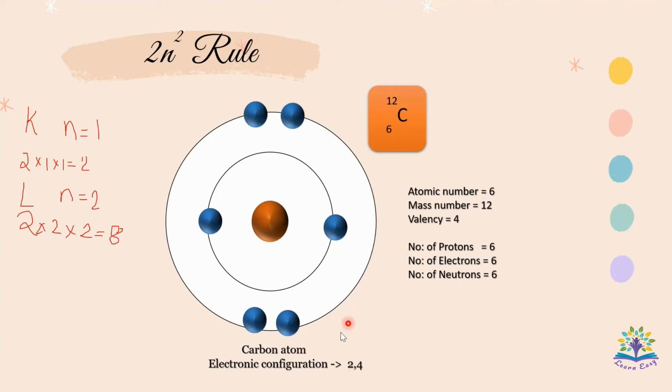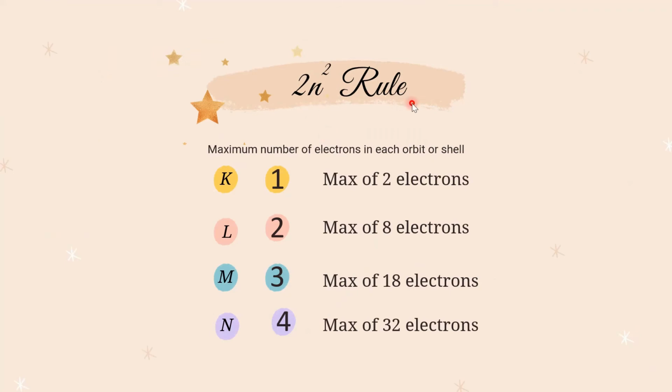The outermost shell of an atom is called the valence shell and the electrons present in it are called valence electrons. So according to the 2n square rule, K shell can have a maximum of 2 electrons, L shell a maximum of 8 electrons, M shell a maximum of 18, N 32 and so on.